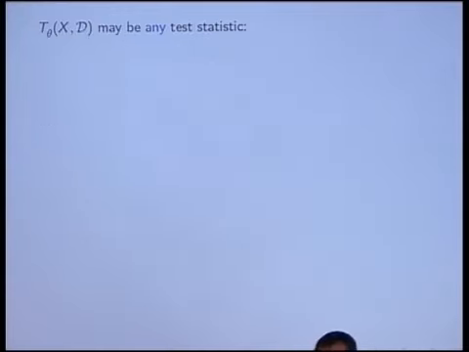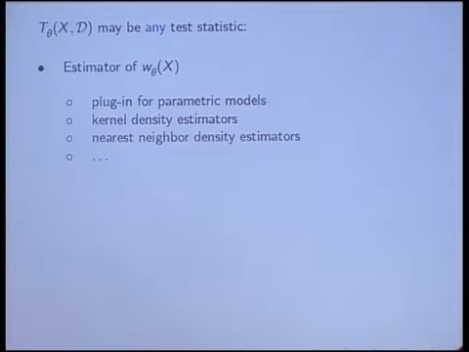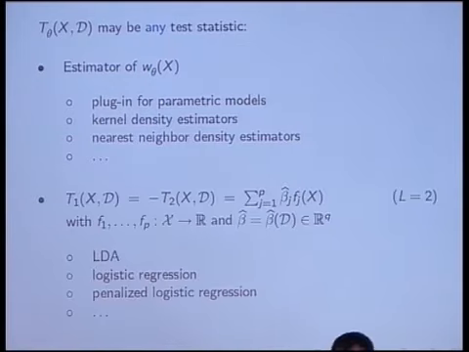And the point is that this test statistic may be any test statistic. And so, for instance, you may be ambitious and try to estimate the posterior probability of class theta given x. So you may try to imitate this using a plug-in estimator for parametric models, a kernel density estimator, a nearest neighbor density estimator, or whatever. Or you could use some surrogate, related to the setting that Sara van de Geer was describing.